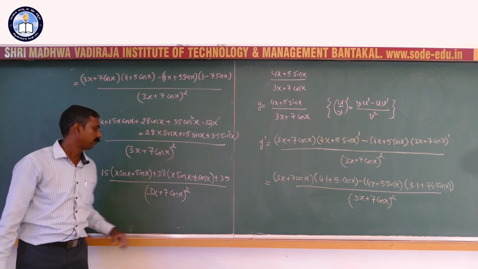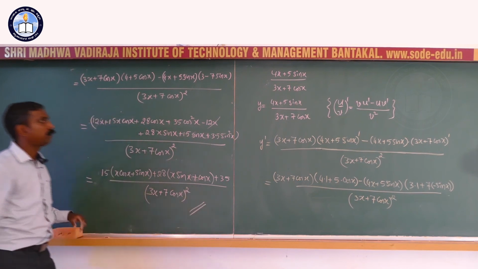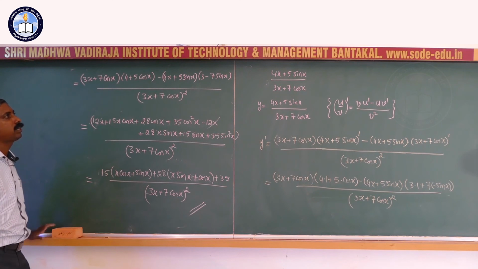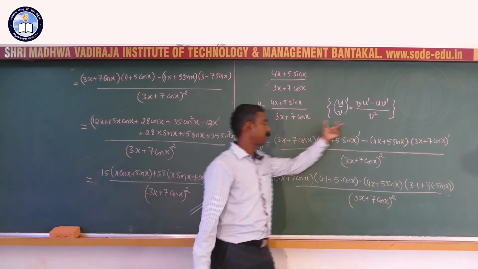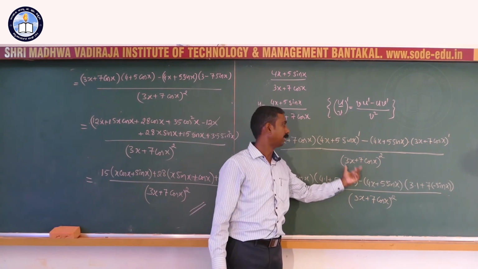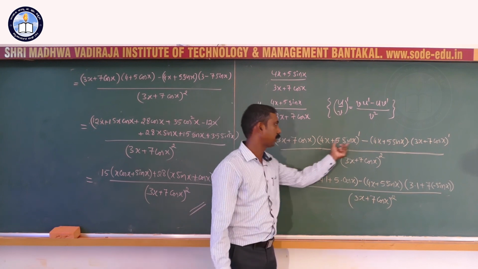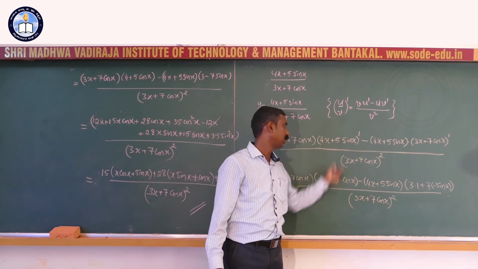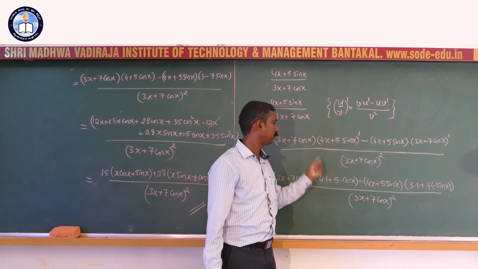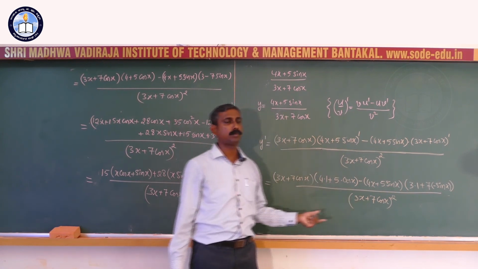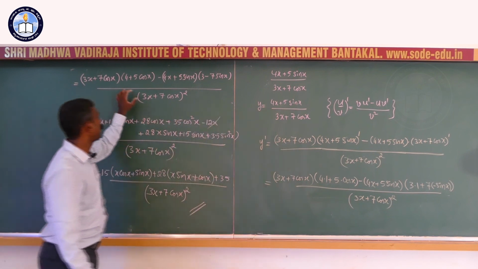So, this is the final answer for the derivative of 4x plus 5 sin x divided by 3x plus 7 cos x. What are the important steps we have to remember here? The important step is that we are applying the quotient rule. And second, whenever we are differentiating term wise, each term, the added terms are differentiated separately, then the derivatives are added and simplified.